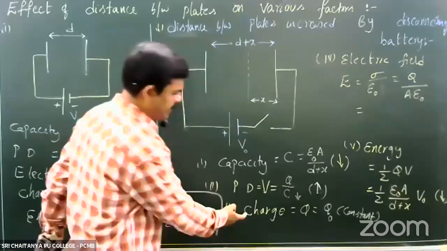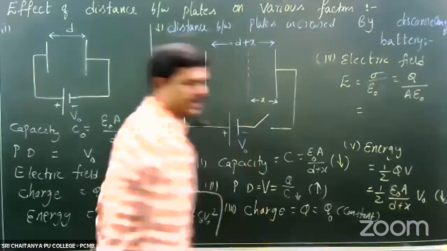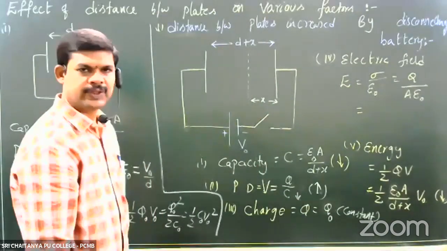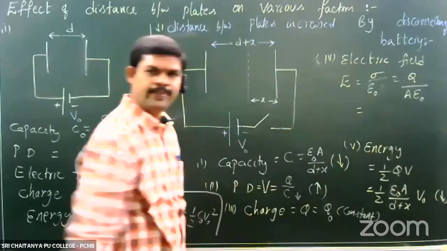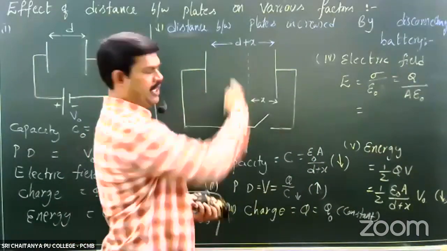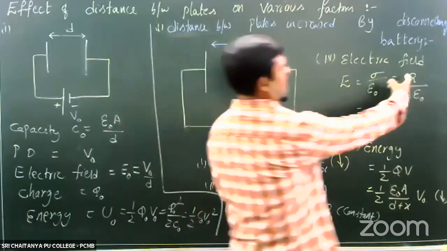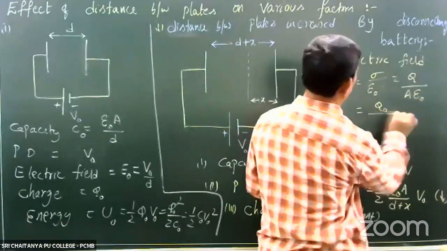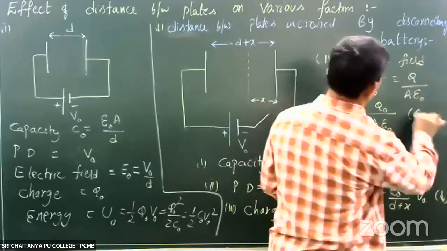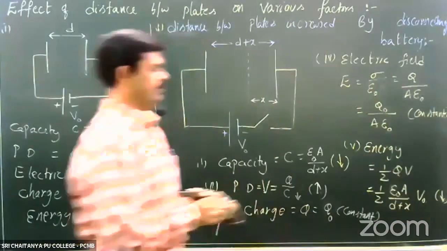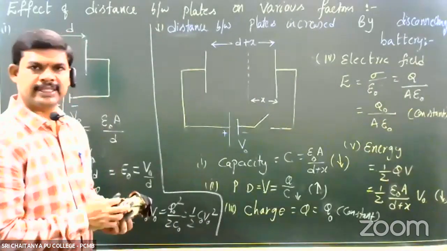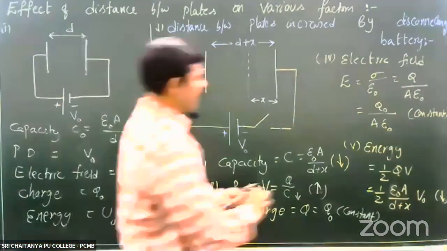Q, how is it? Constant. A, no change here. Epsilon naught, no medium change. So this is Q naught by A epsilon naught, constant. It won't change. Right?